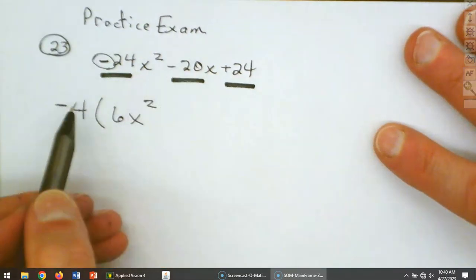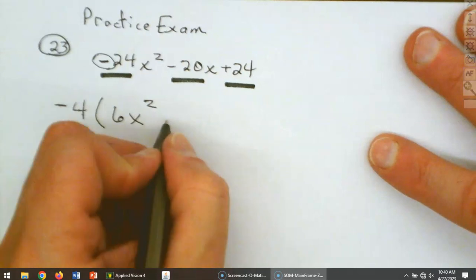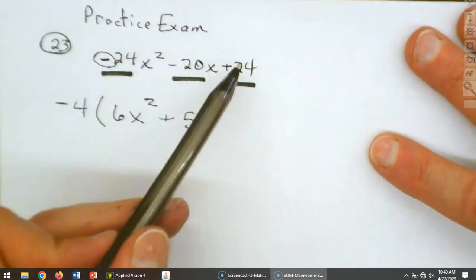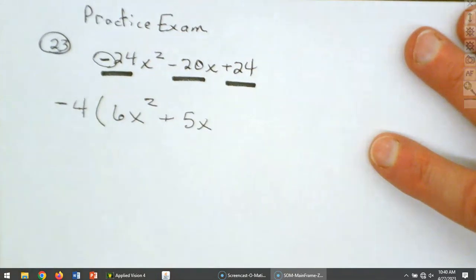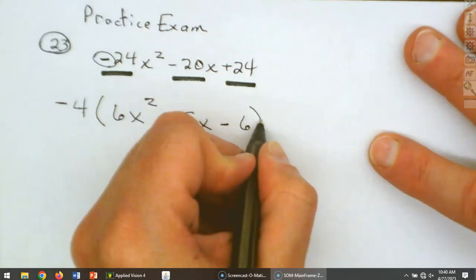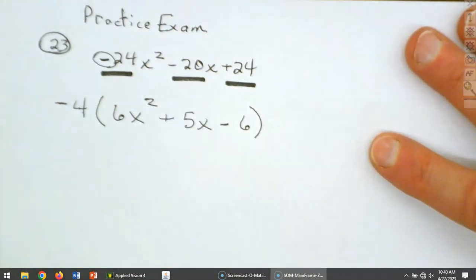Negative 20 divided by negative 4, negative and negative makes it a positive 5x. 24, divide that by 4. Well, 24 divided by 4, that leaves you with a negative 6. Negative divided by positive makes it a negative.